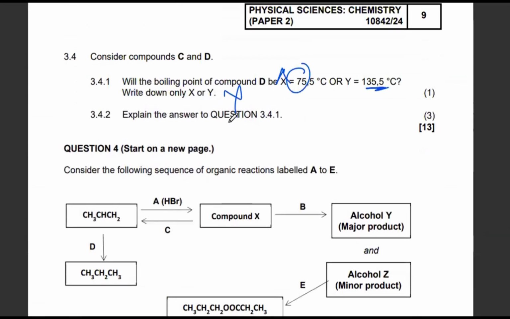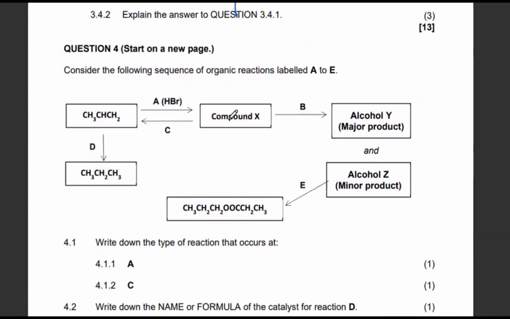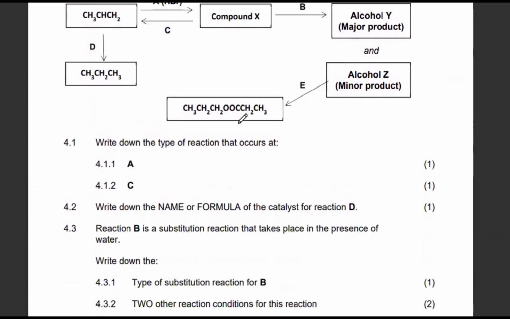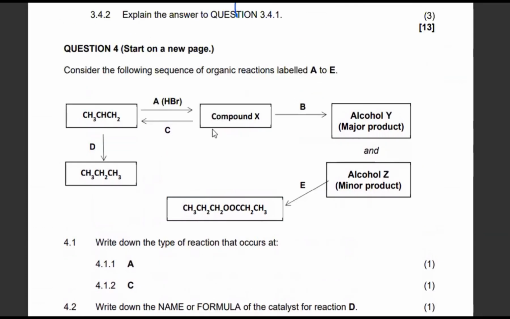Is that clear? So question number 4 is about the synthesis. If you look at this, you see that it has a double bond, so it is an alkene, and then it forms a compound. From the alkyl, you hydrated it; this is hydration.